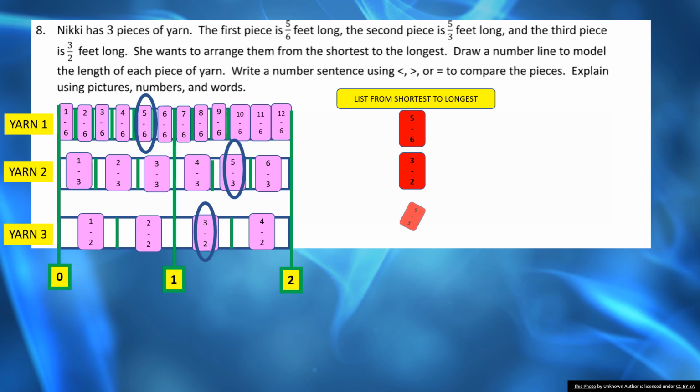So that means that 5/3 is the longest piece of yarn, or the biggest fraction in this case. Now, if you need to pause your video to make sure that you have everything on your paper that I have on my screen, go ahead and do so now.